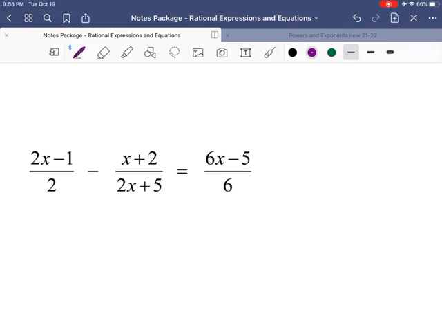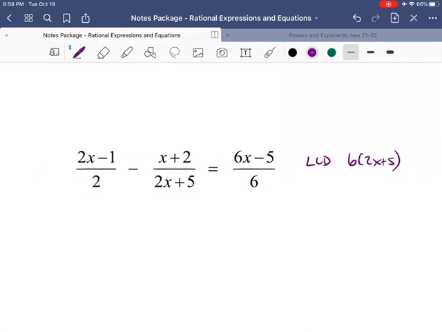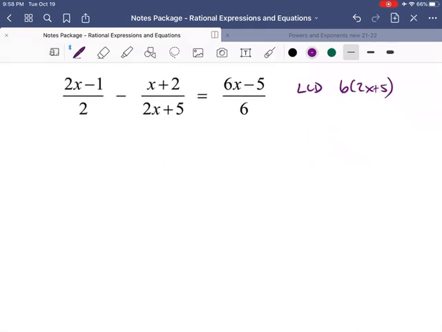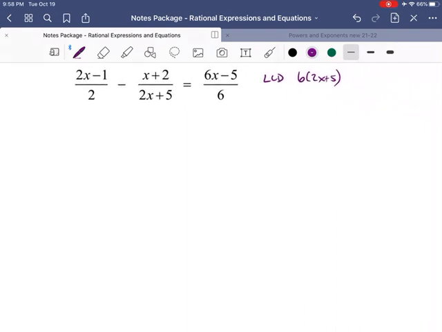All right, last one. Okay, let's go ahead and figure out what we got to do here. So our lowest common denominator is 6 and 2x plus 5. And what about the 2? Well, you don't have to include the 2. You could, but once we multiply by 6 and 2x plus 5, the 2 is actually going to simplify. Okay. So the left side, it's going to get a little busy, shall we say.